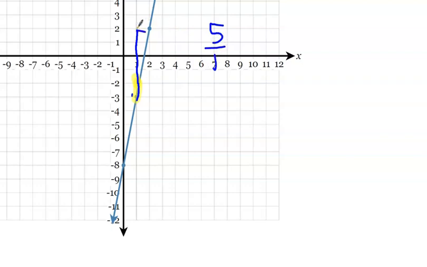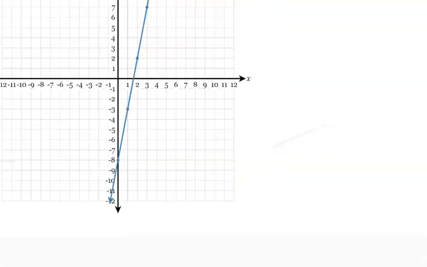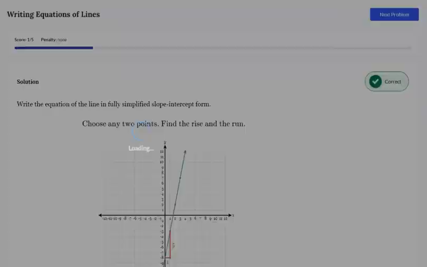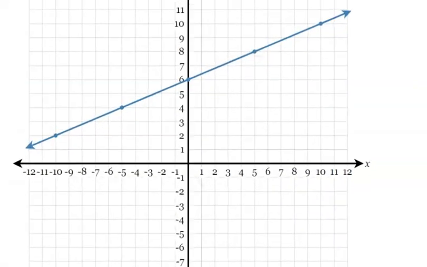My run is 1. 5 over 1. So again, my equation will be 5 over 1, or just 5, with the x, and then negative 8 for the y-intercept.